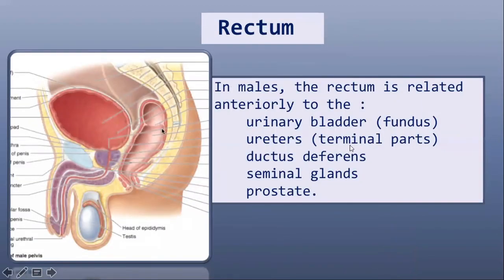In males, you will notice that the rectum is related anteriorly to your urinary bladder, the fundus specifically, the ureters, the ductus deferens, the seminal glands, the prostate. That's why when you do your rectal exam, you can really appreciate some portions here, especially your prostate gland, in digital rectal examination.